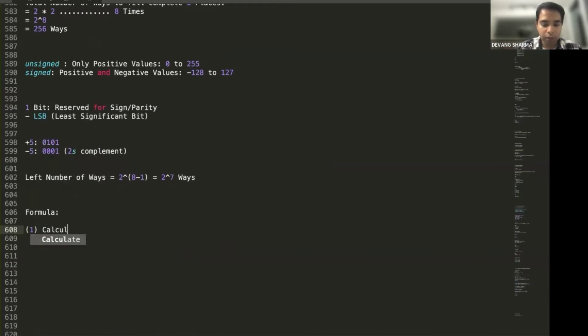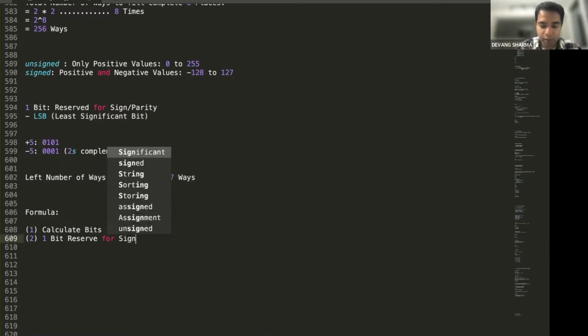So you calculate the number of bits from bytes, just multiply. Let's call that number n, number of bits. Second, if 1 bit is reserved for sign, which is positive or negative values, whatever that is.